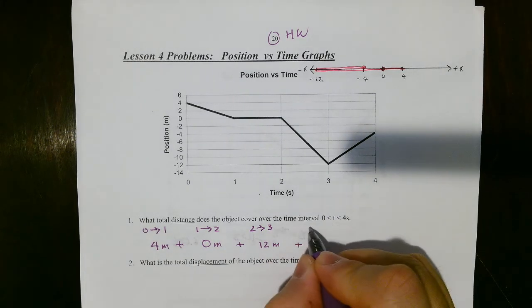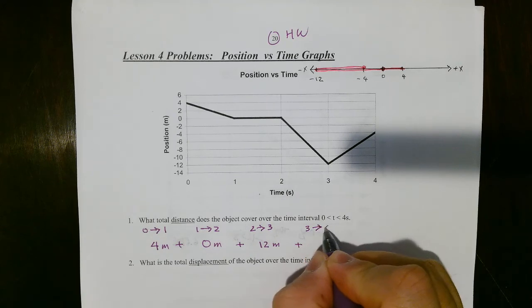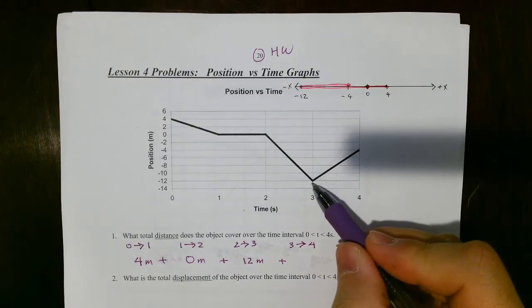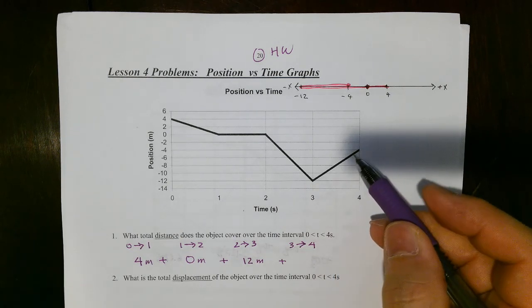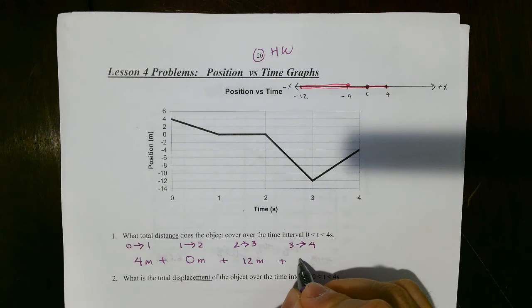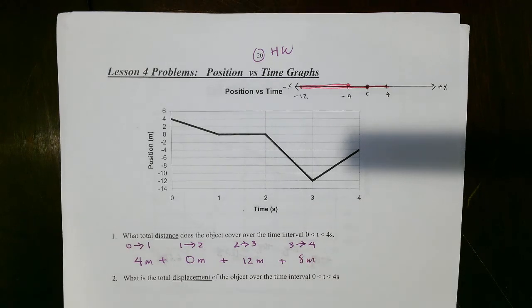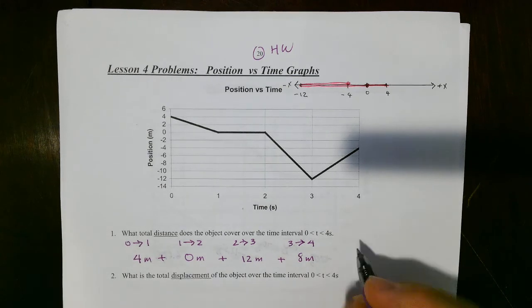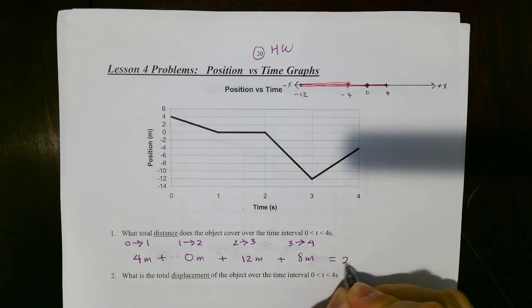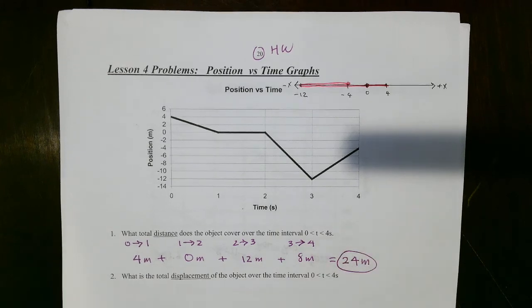And then from 3 to 4 seconds, from negative 12, it went to negative 4. So it must have traveled 8 meters. So the total distance it traveled happens to be just 24 meters. That's the total distance traveled.